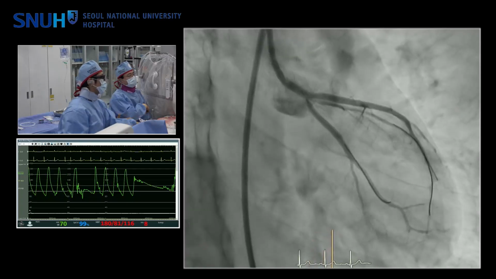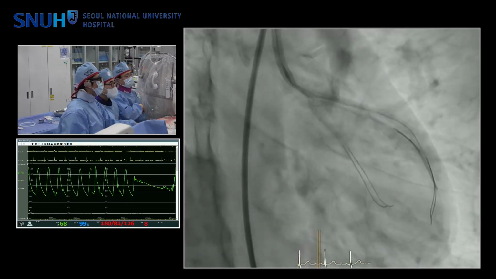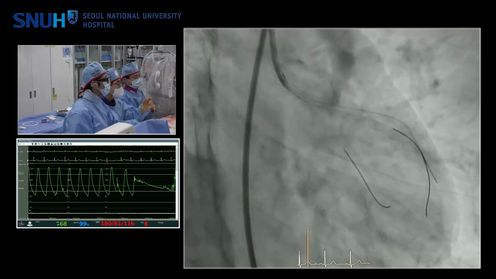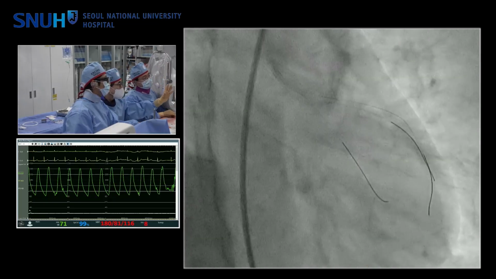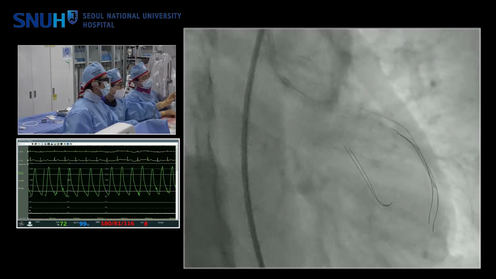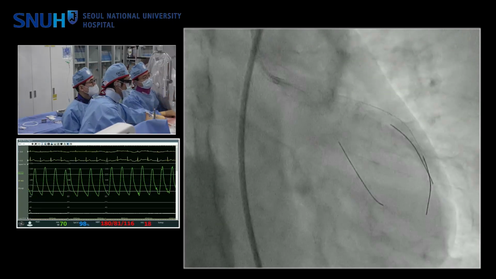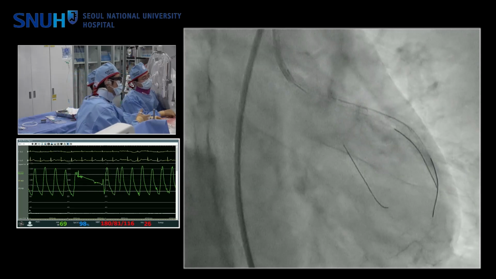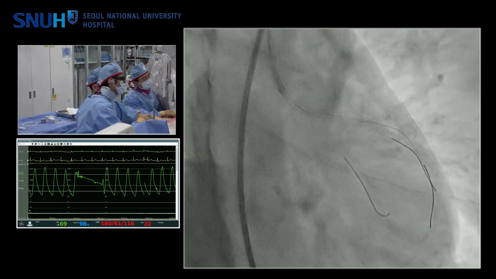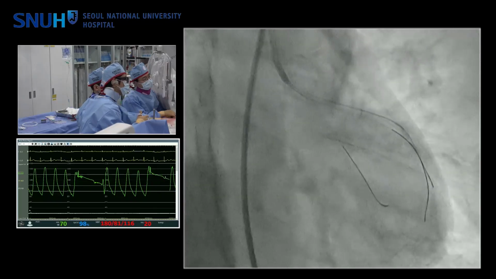Then we are going to measure FFR. Next, functional evaluation of circumflex.